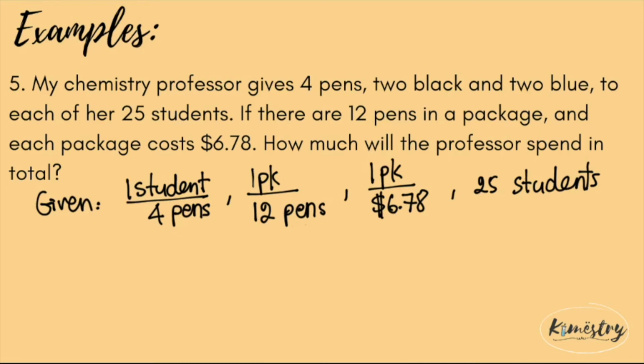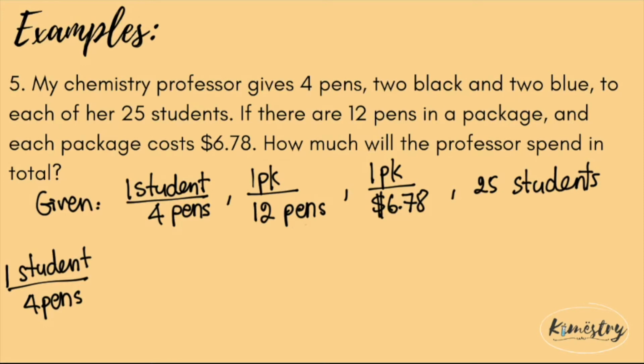In this case, instead of just starting from 25 students, which is going to be an easier way to find the answer, I'm going to start from 1 student per 4 pens. So if I start with 1 student per 4 pens, I know that I want dollars to be my answer.